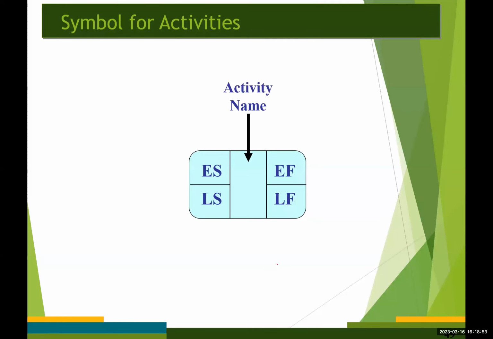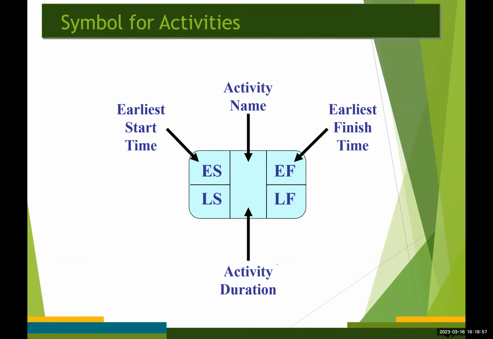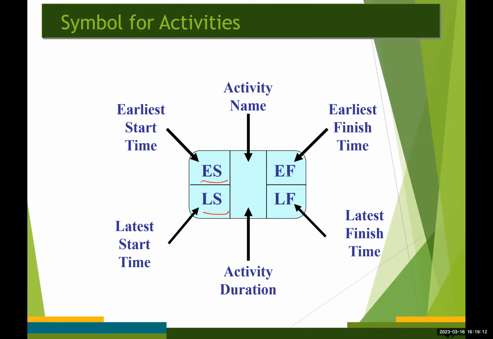Okay, now I'm going to use these notations for each activity. For each activity, I'm going to specify the 4 different values: earliest start time, latest start time, earliest finish time, latest finish time. And I'm going to put the activity duration right here, and then the activity name down here, okay?